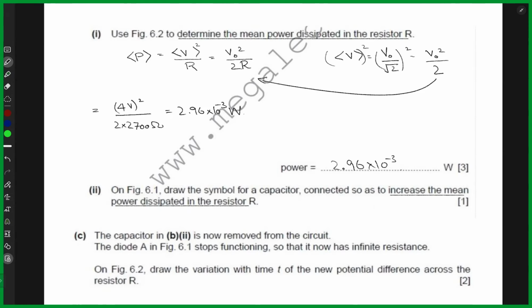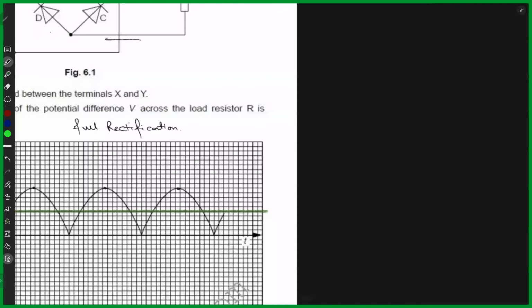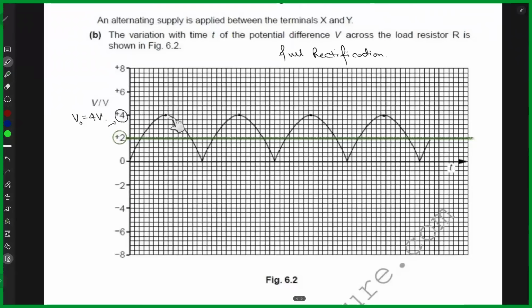And how does it help to increase the mean power dissipated? Sir, by the smoothing effect. By the smoothing effect. So what's happening in the smoothing effect? The voltage drop decreases and it stores.